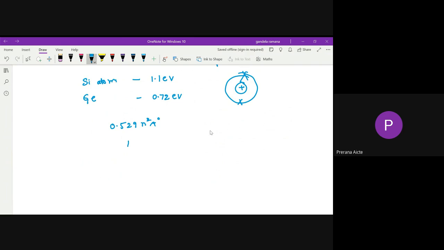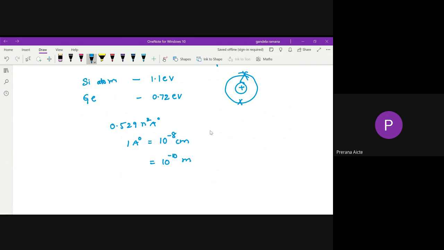Angstrom is a length unit. 1 angstrom is equal to 10 power minus 8 centimeters, or in meters, 10 power minus 10 meters.